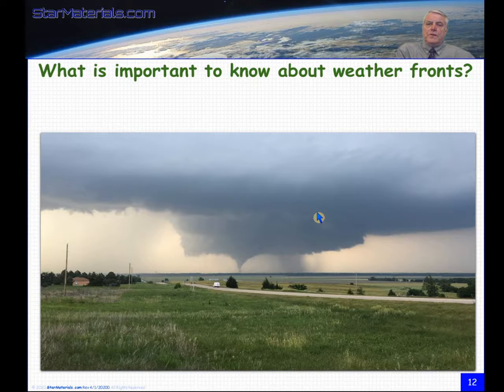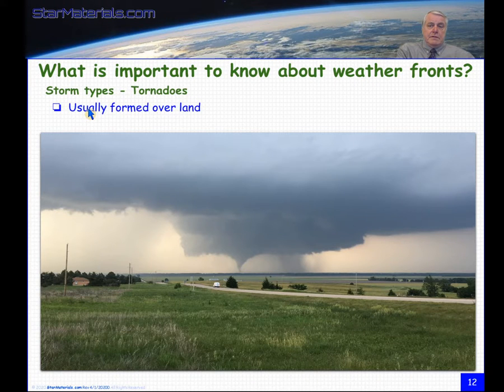So what is important to know about weather fronts? We have different storm types. We have tornadoes. They're usually formed over land, which is different. They're usually very local, small, local disturbances, maybe a mile wide instead of hundreds of miles.